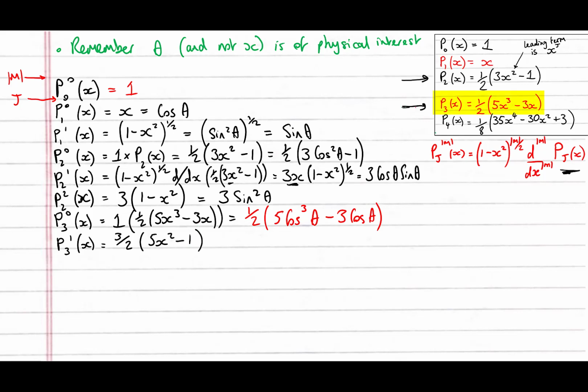Right, so again, we're using this expression in here. So this is the derivative term, and then we've got the 1 minus x squared to the 1/2 because m is equal to 1, and this turns out to be 3/2 (5 cosine squared theta minus 1) times sine theta.